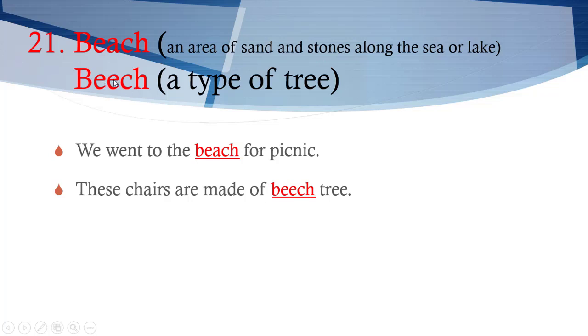The second word, beech, is a type of tree. We went to the beach for a picnic. The second word, beech, which means a type of tree, can be used in a sentence as: these chairs are made of beech tree.